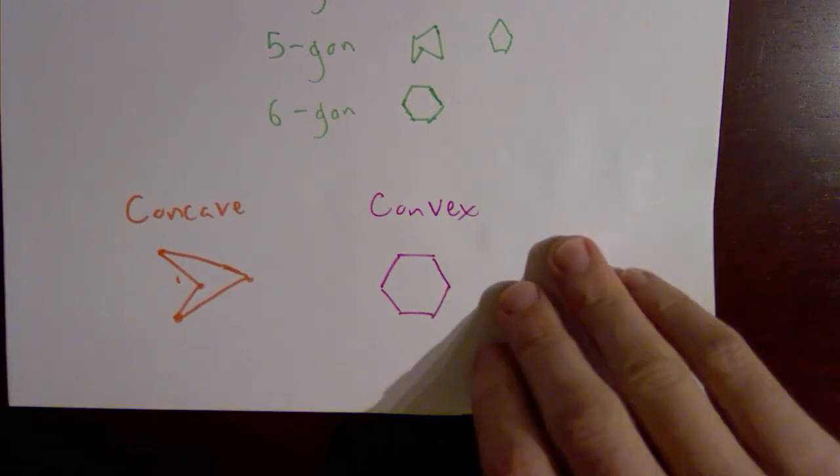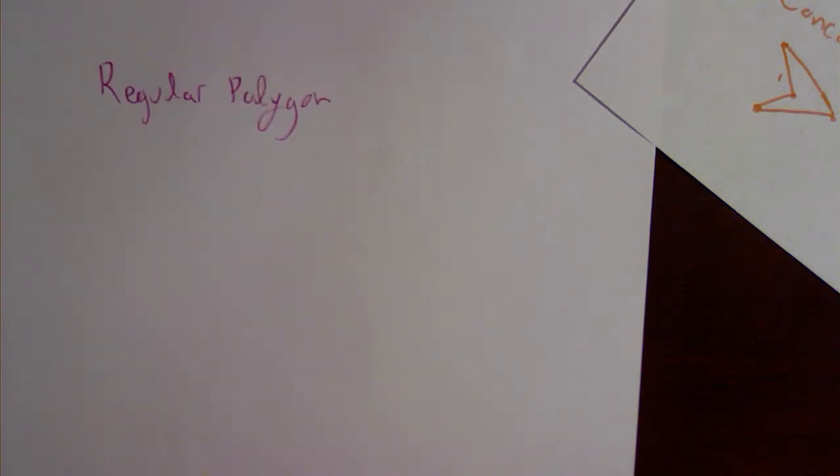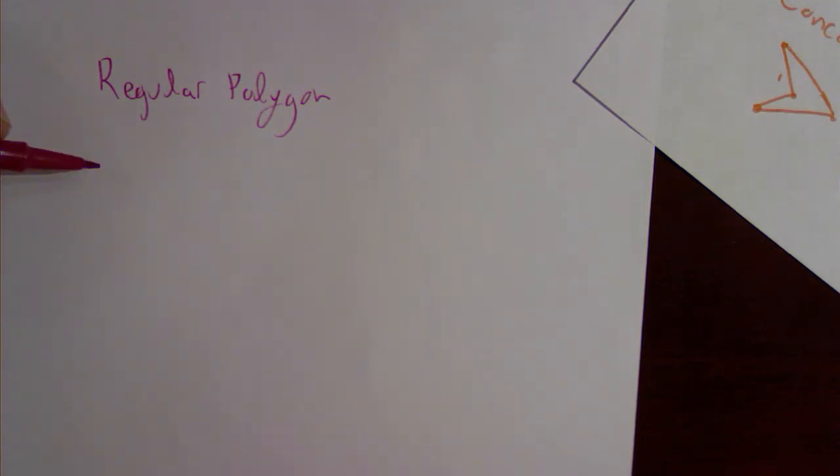Finally, and this is actually finally, we have what's called regular polygons. A regular polygon is defined as a polygon whose sides are all equal and all of the angles are equal.